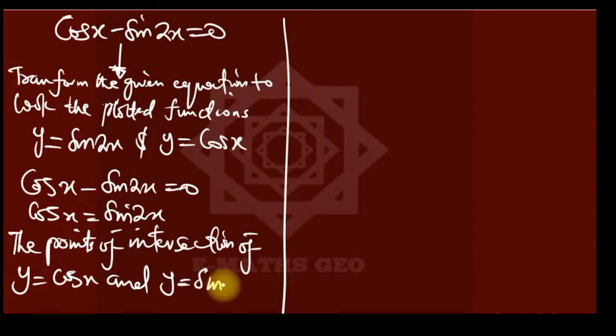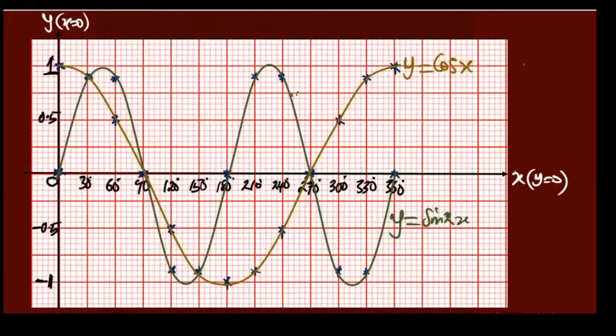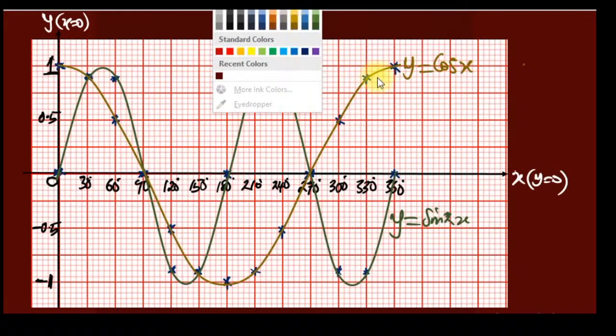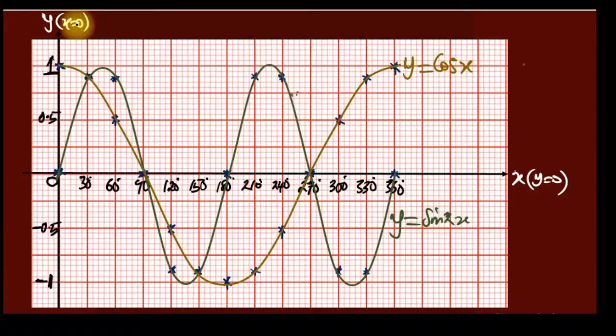So that should be the answer. So we'll go over to the graph and locate the points of intersection. Let's use black. You notice that they intersect here, so let's call it point A.